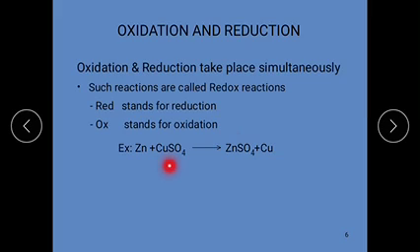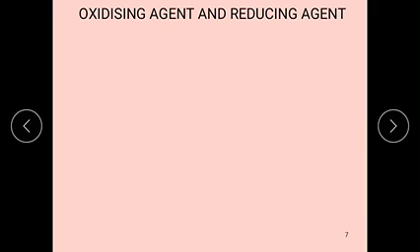In the case of copper sulfate, the oxidation number of copper is plus 2. It converts to copper, plus 2 to 0. A decrease of oxidation number of an element in a reaction is called a reduction reaction. In total, this reaction is called a redox reaction.